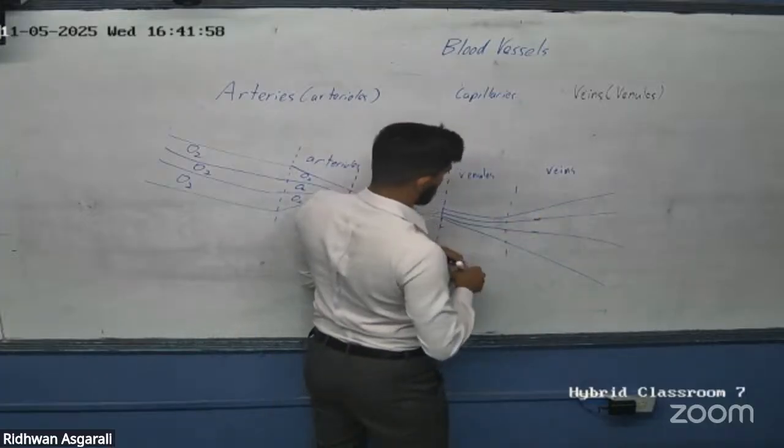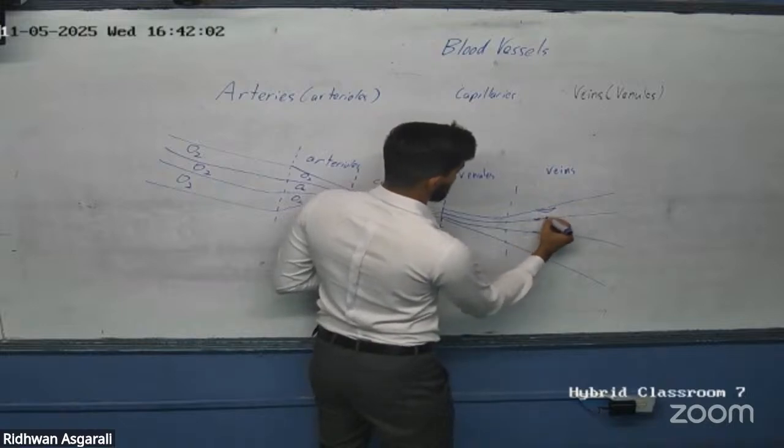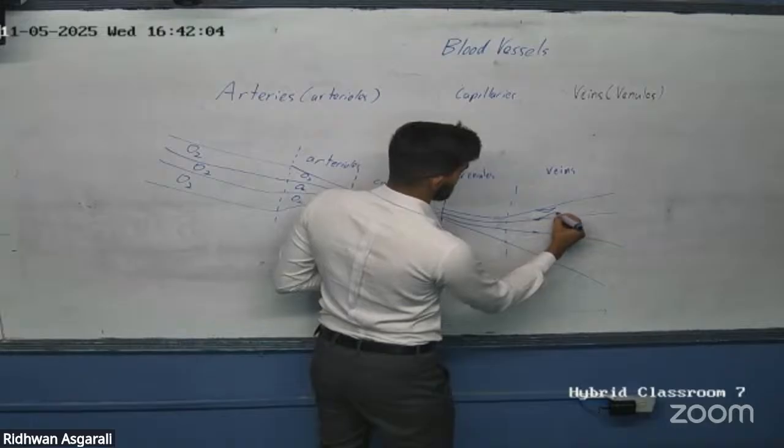Right, so these are valves. And the main point of valves in veins is to prevent backflow of blood.